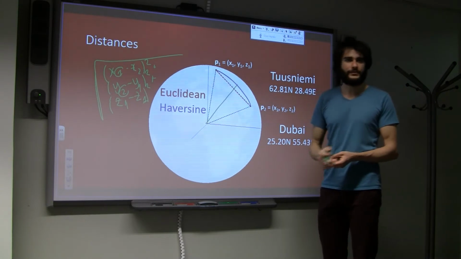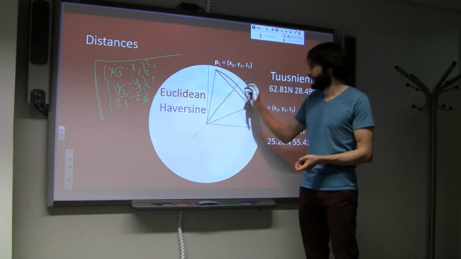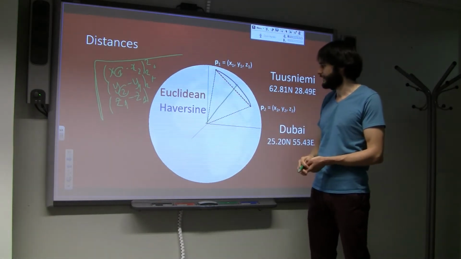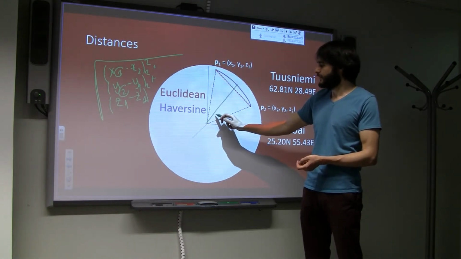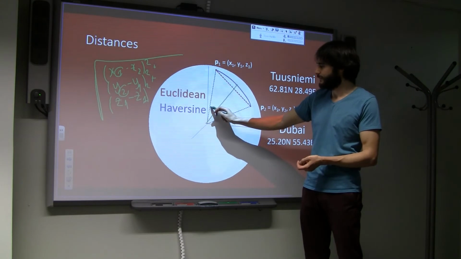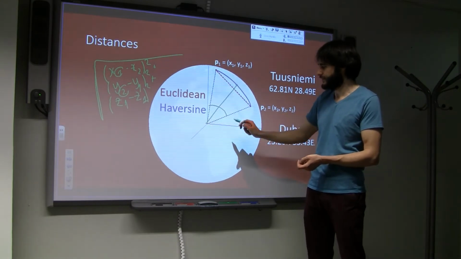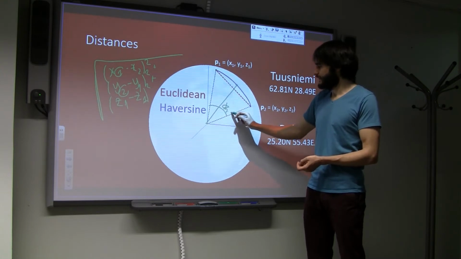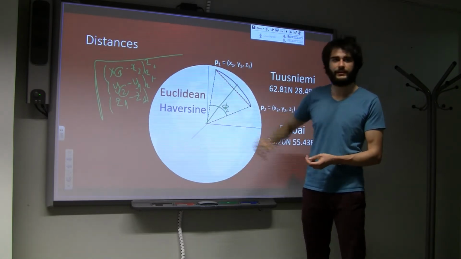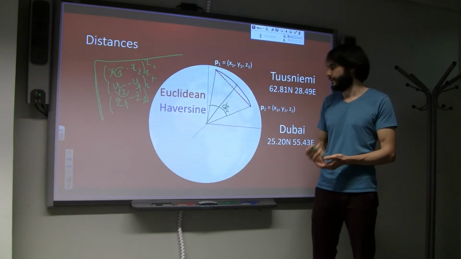I'm going to halve this big triangle. My first purpose is going to be to find the big angle here. Let's call this alpha, and this part on this half is going to be alpha divided by 2.